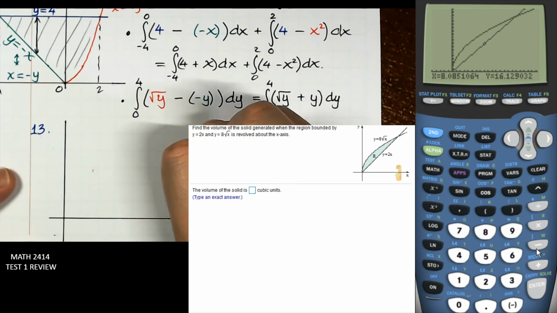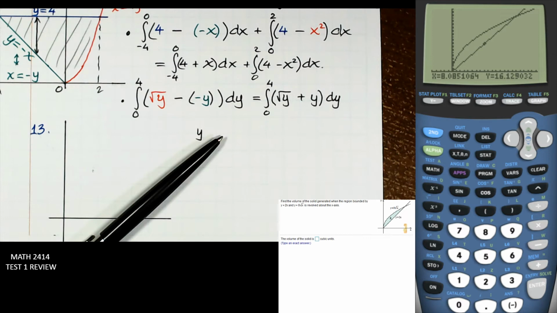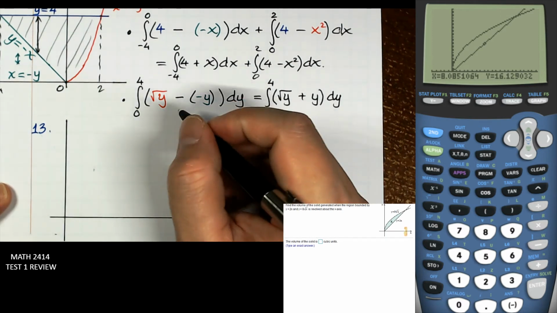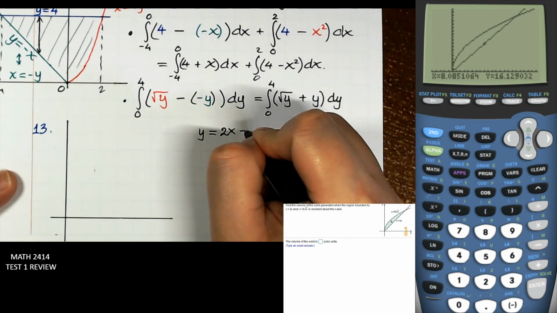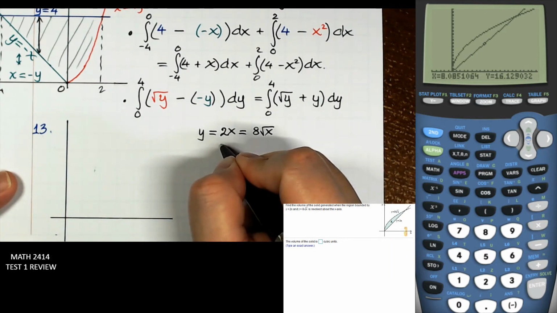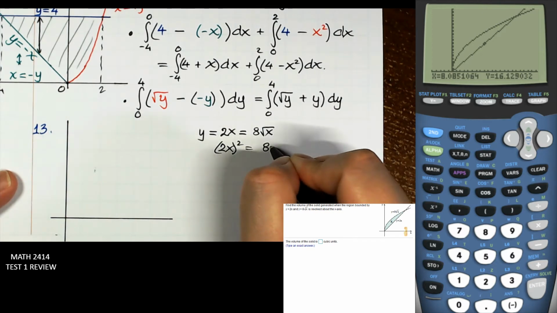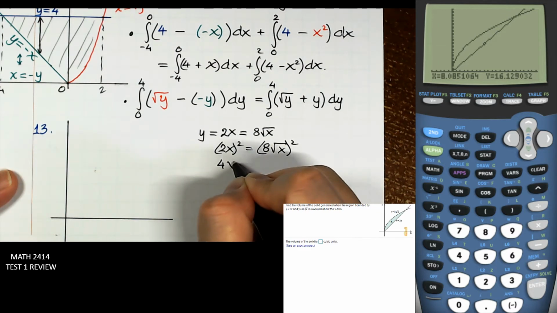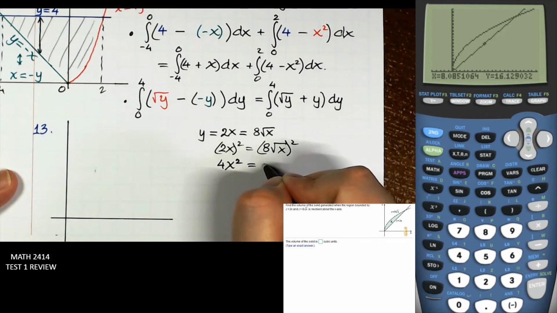Of course, if we want to find the intersection, y equal to 2x, and that equal to a square root of x. Square both sides. That gives us 4x squared equal to x.